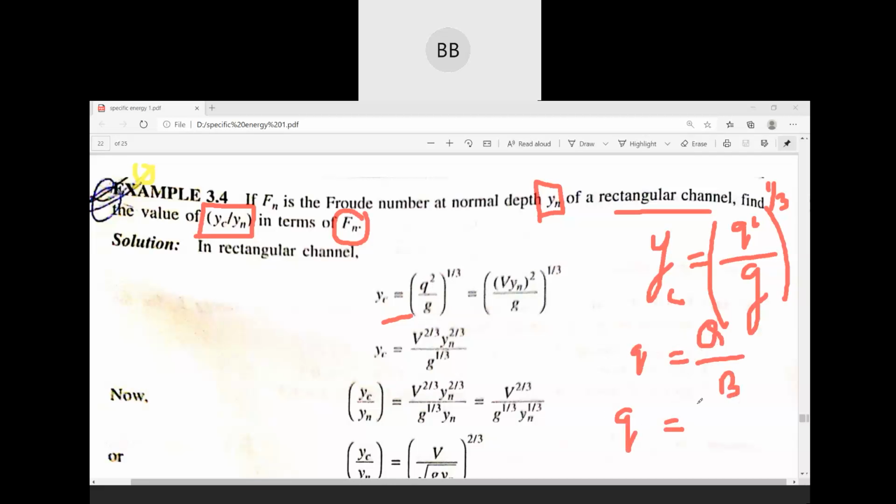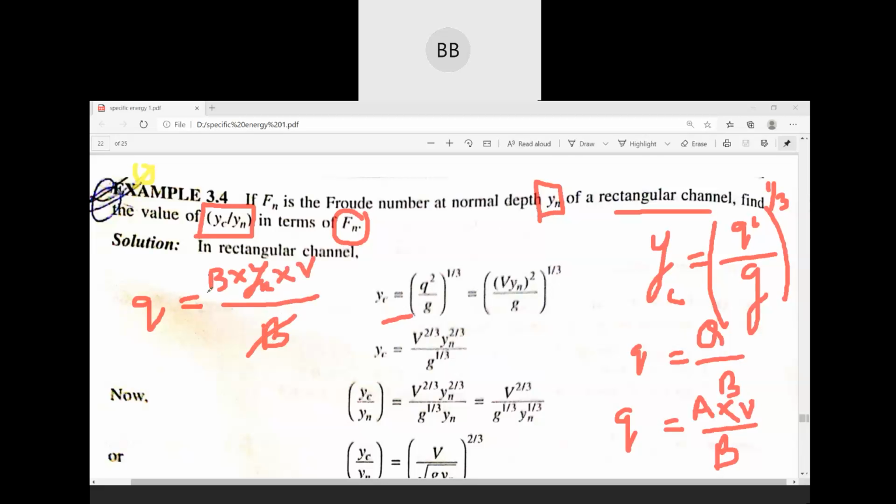In place of discharge we can write area into velocity divided by b. Then again small q is equal to area, which for a rectangular channel is b into Yn, as this depth is the normal depth, multiplied by velocity divided by b.